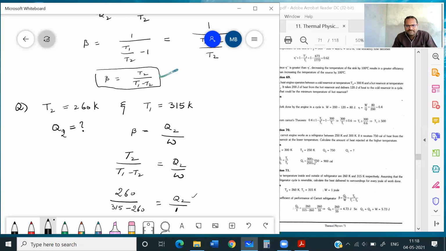How much heat energy is supplied, we can find easily from here. So Q2 is equal to 260 divided by 315 minus 260. 315 minus 260 is 55. Calculate from here, whatever you get will be the answer. 260 divided by 55 is 4.37 joules.